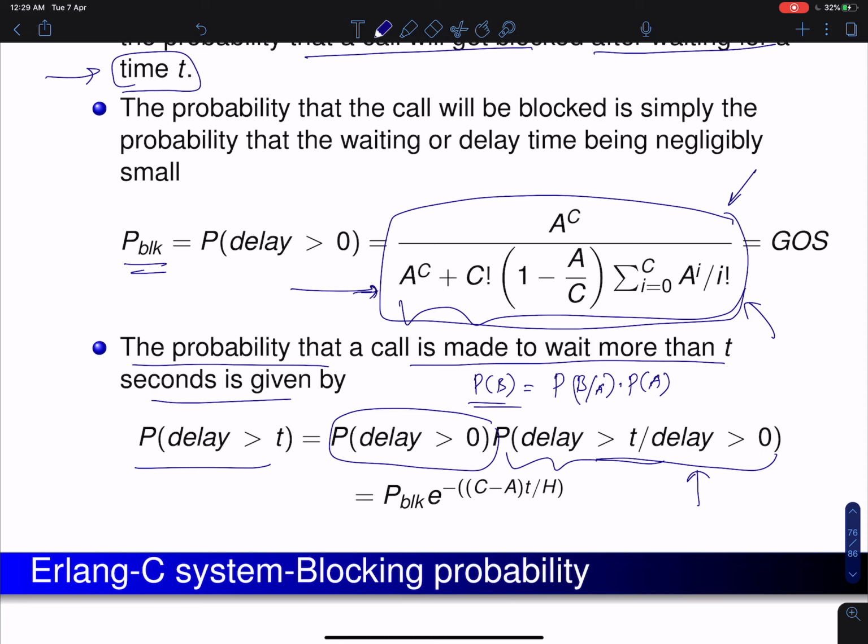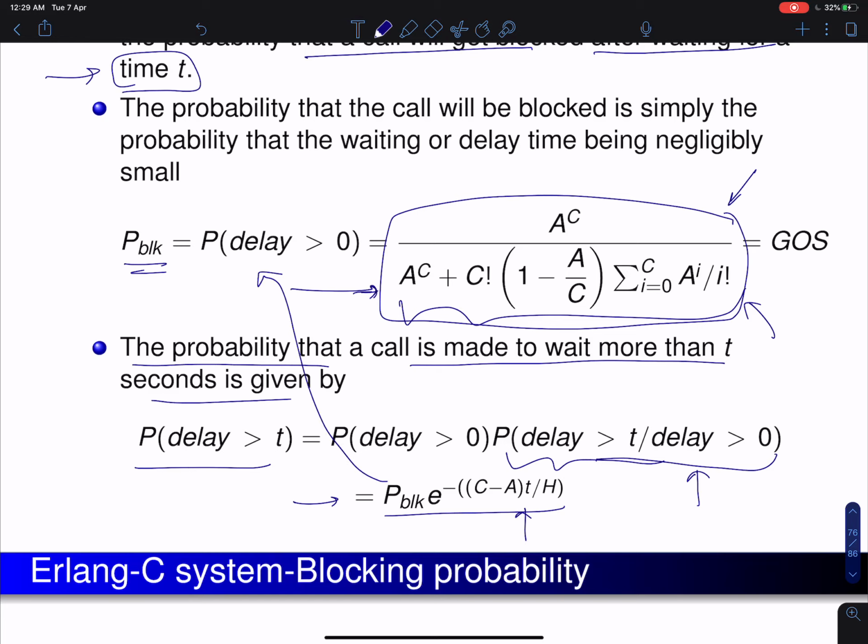This is one standard equation from conditional probability. We can use this equation to find the probability that a call is made to wait more than t seconds. You can just see this expression. So if t is 0 here, that is delay greater than 0, you get this expression, the probability of blocking.